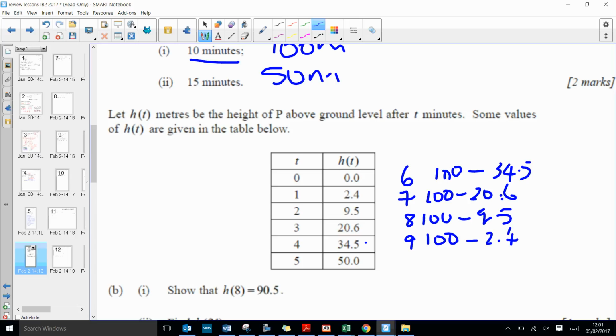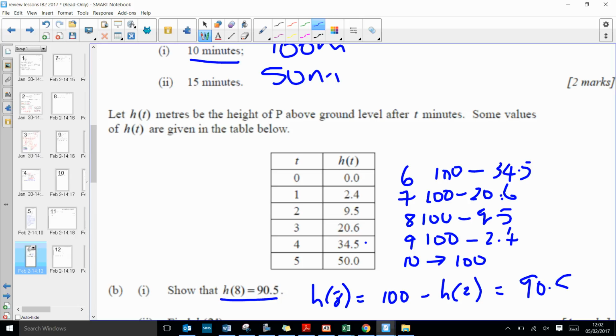And at 10 minutes, we already know that it is at 100. So show that H(8) is 90.5. We would say that H(8) is equal to 100 minus H(2), or something of that nature, which is 90.5. That should be sufficient explanation there.